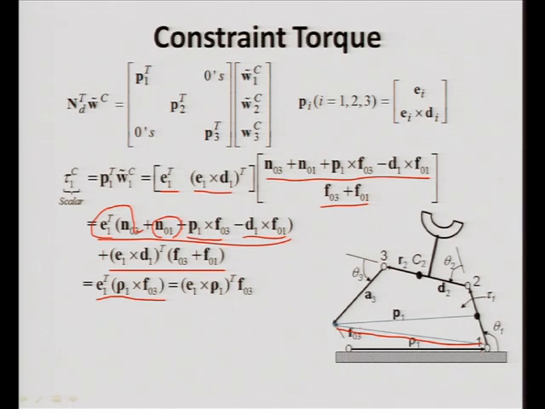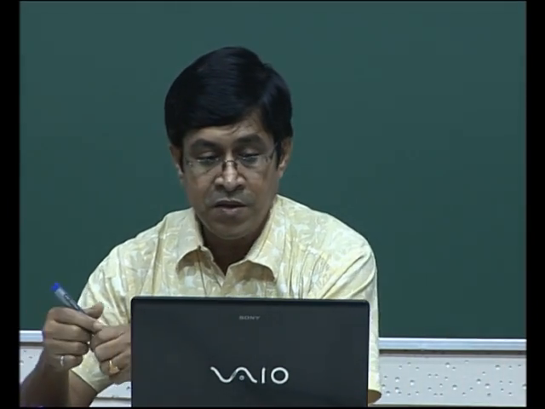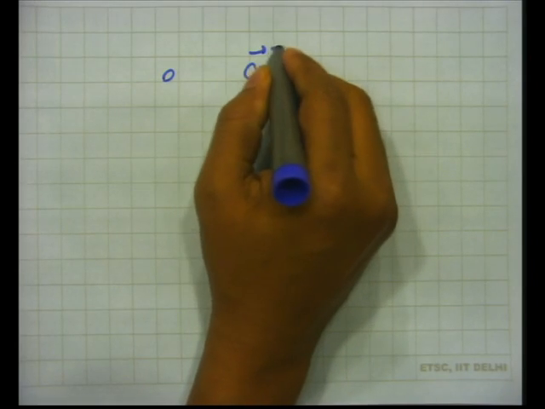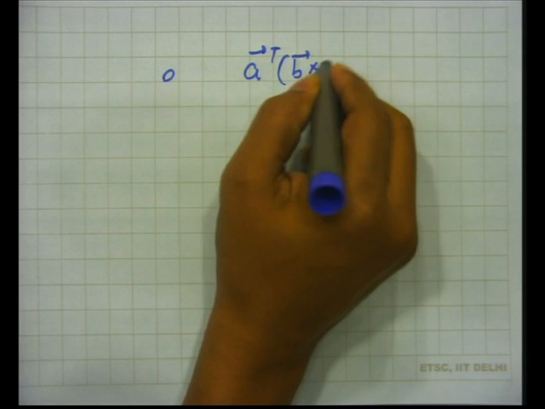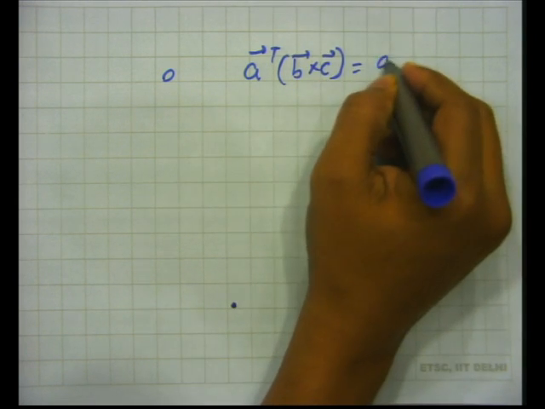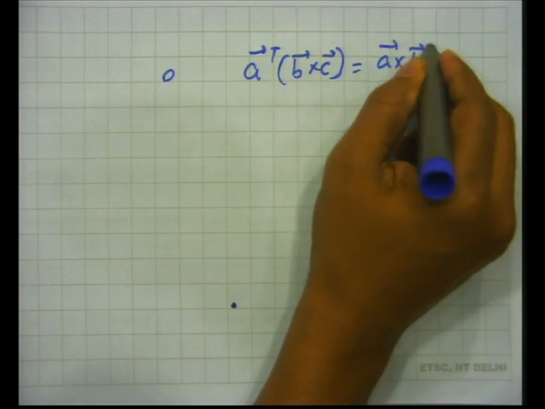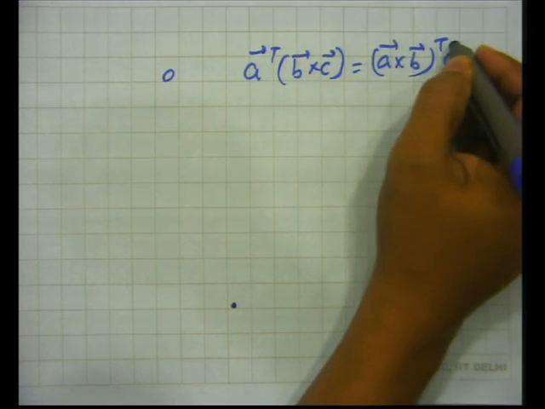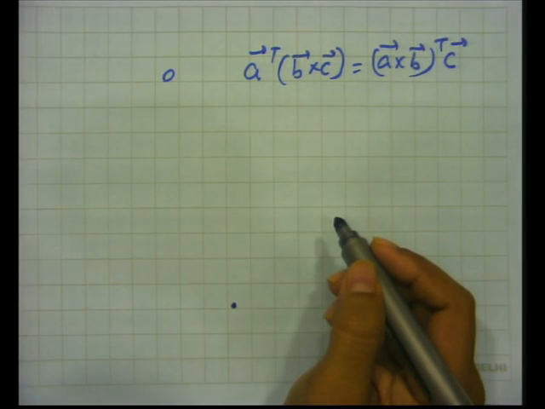Okay. And if you do the simplification here, this is another property from vector algebra, that A transpose B cross C is nothing but A cross B transpose C. This is from the vector triple product, this property is valid.